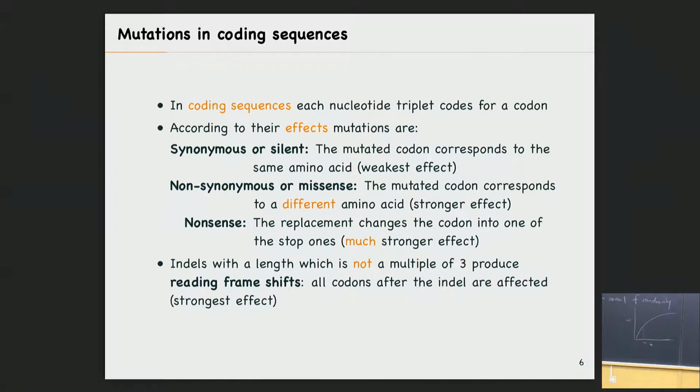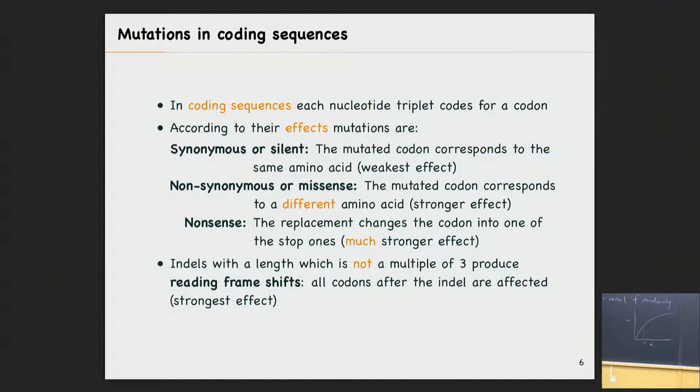In this case, you end up with a protein which has the same length, but in which one residue, one particular amino acid, is changed into a different one. And of course, this will have, in general, some effect on the protein itself. So we have, in this case, an important effect.